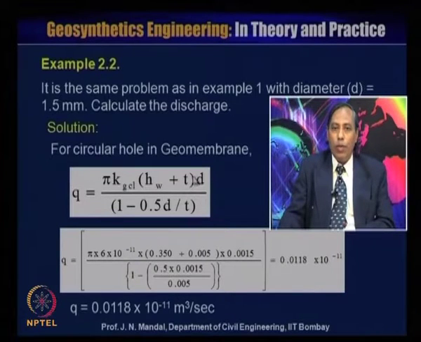So D will be 1.5 millimeter. You substitute this value, that is 0.0015, and others remain constant. So if you substitute these values, you can see that the Q value will be equal to 0.0118 into 10 to the power minus 11 meter cube per second.